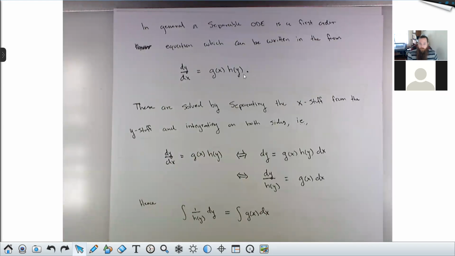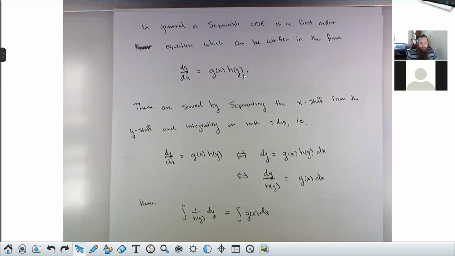These are indefinite integrals, so each one would give you a plus c. You might call it plus c1 on the left and plus c2 on the right. But then you can move the c1 over to the other side, so we just write one plus c, usually on the right-hand side.